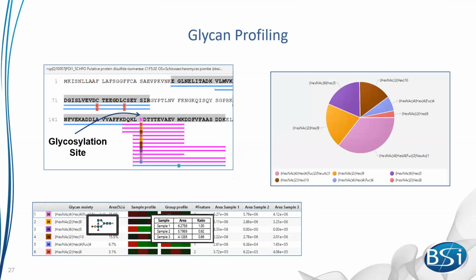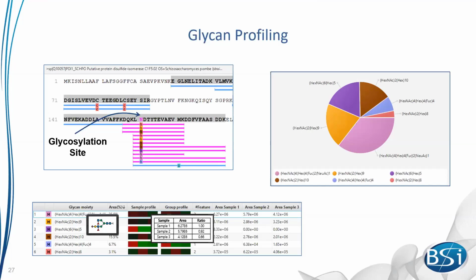The table will show us all the glycans we found there, their moiety, their area, proportional areas, and the match between runs information, so how much we found in different samples. And we can also see this information as a pie chart.